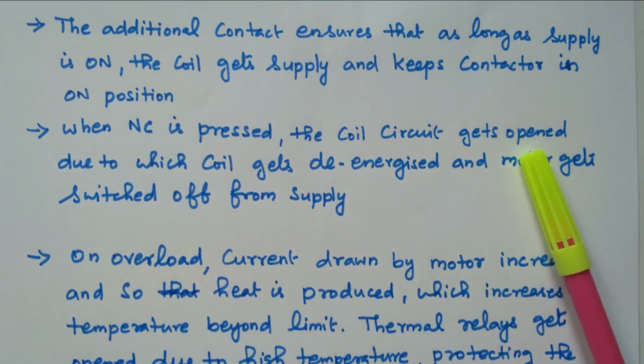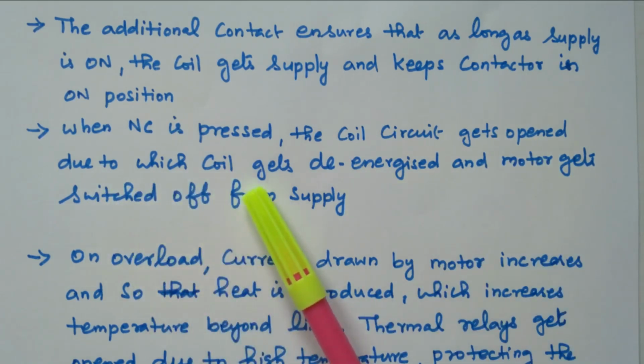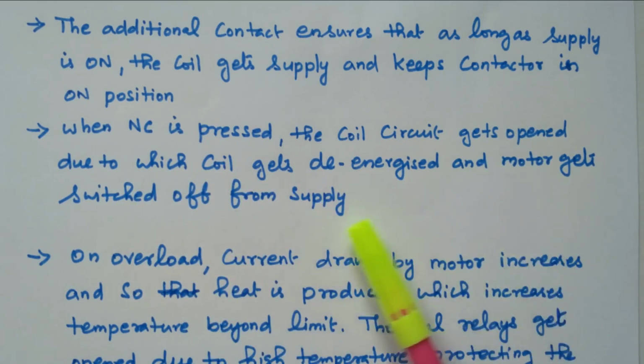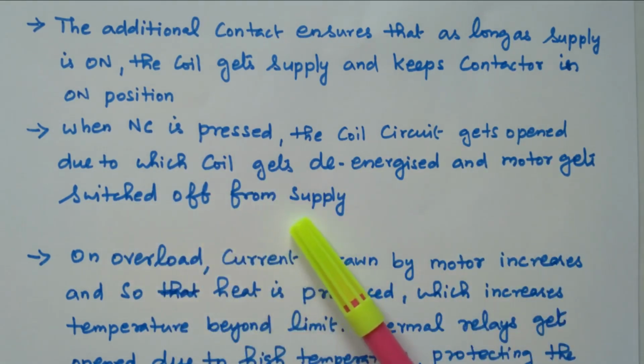While pressing the NC, the coil is disconnected, so the coil gets de-energized, so the motor gets switched off from the supply. Due to de-energizing, the attraction will be gone, so the contactor will disconnect the supply.